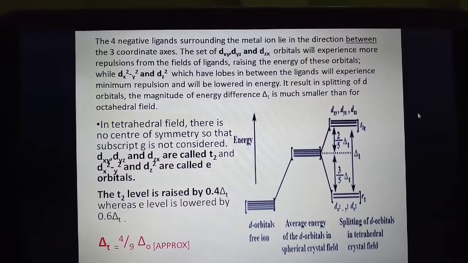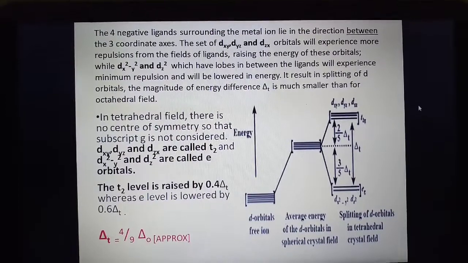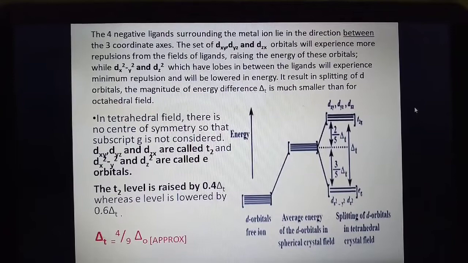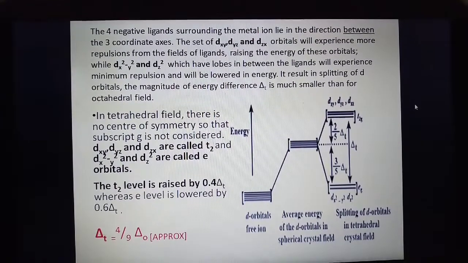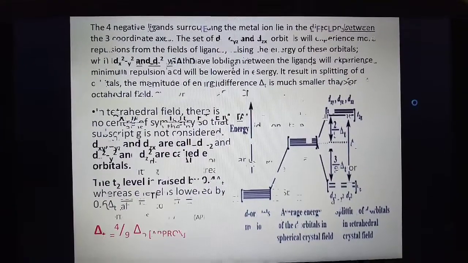As written in the red caption, the tetrahedral splitting is approximately equal to 4/9 of the splitting energy of the octahedral complexes.